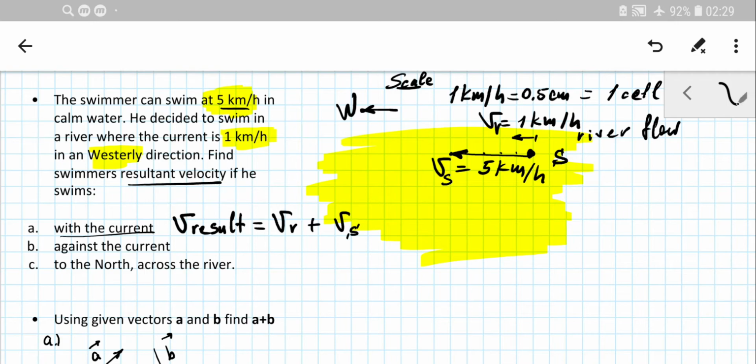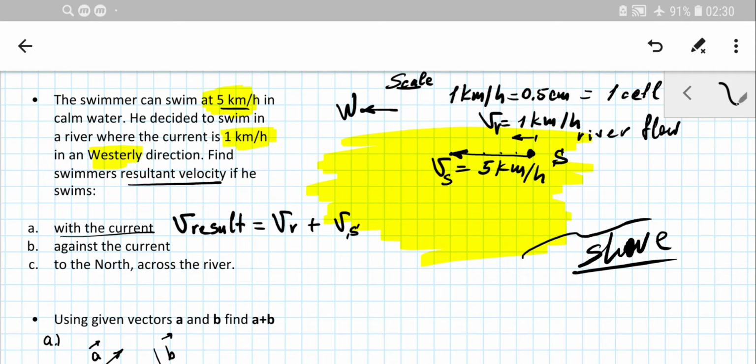How can you check? If you put the velocity of the swimmer equal to 0, it means that the river flow will carry the swimmer to the west at 1 km per hour. If he swims, relative to the river he swims at 5, but relative to the shore, to the observer that stays on the shore somewhere here, that's the shore.